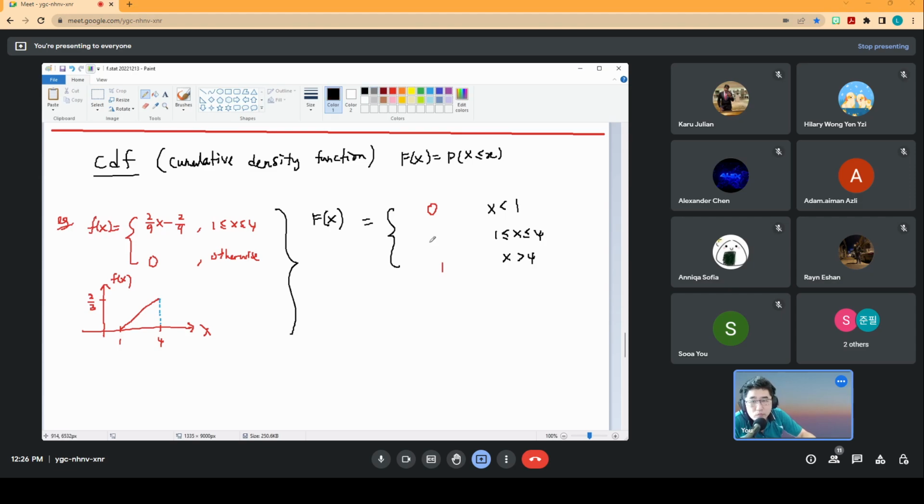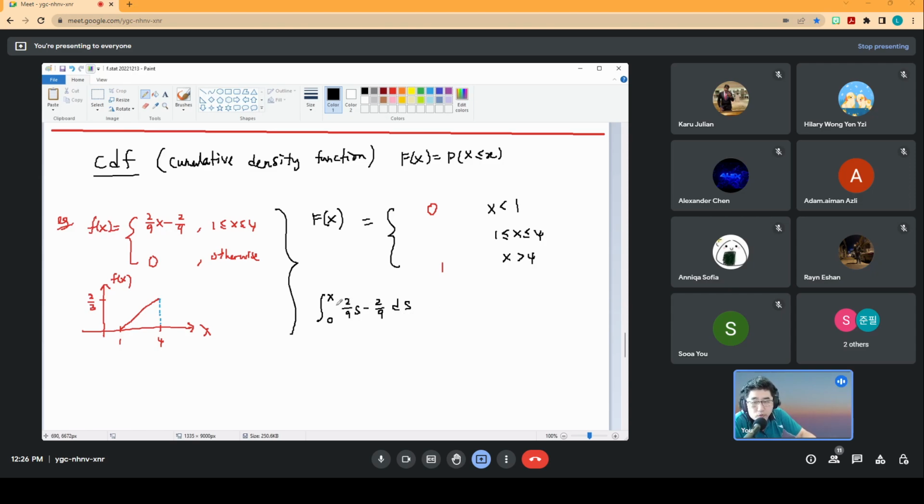So for the middle one here, we're going to integrate 2 over 9 s minus 2 over 9 ds.